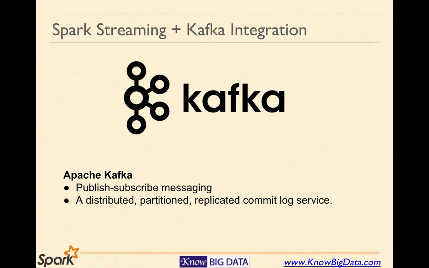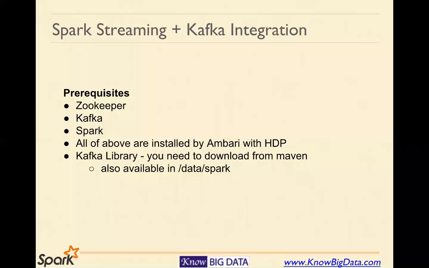Kafka is distributed in the sense that Kafka runs on many machines in parallel. It is partitioned, as in some of the messages would be on some machines and so on. It is a replicated commit log service. To run streaming and Kafka, these are the things we require: Zookeeper, Kafka, and Spark.